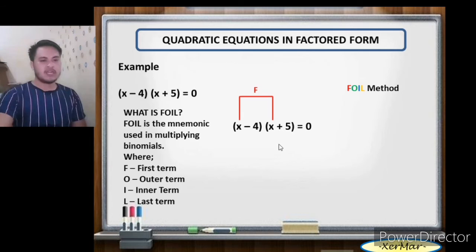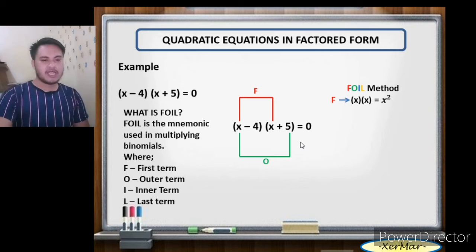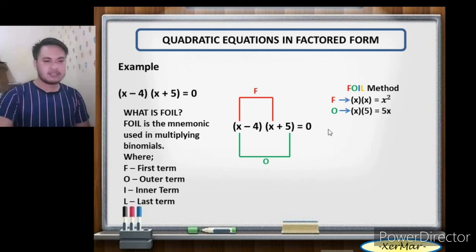So first, we have to multiply the first term from each binomial. So we have x times x equals x squared. Next, for the outer term, we will multiply x times 5, and that equals 5x.